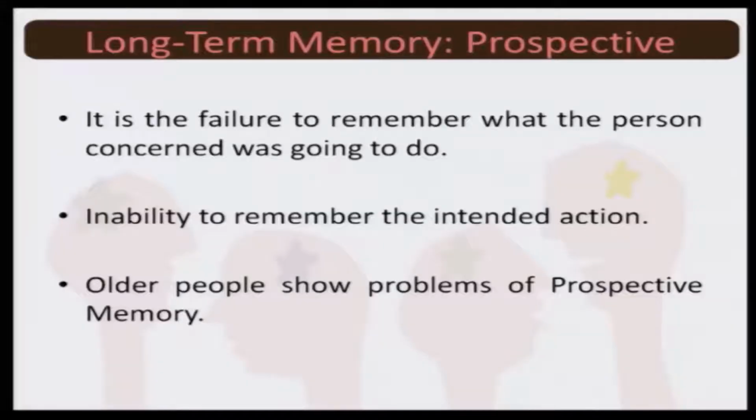So, if a person fails to remember what he or she was going to do, say for instance, I intend to go and switch on the light, I leave my table, go towards the switchboard, and halfway I forget what I thought, that is loss of prospective memory.